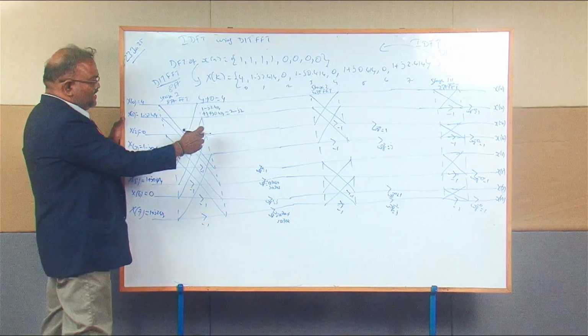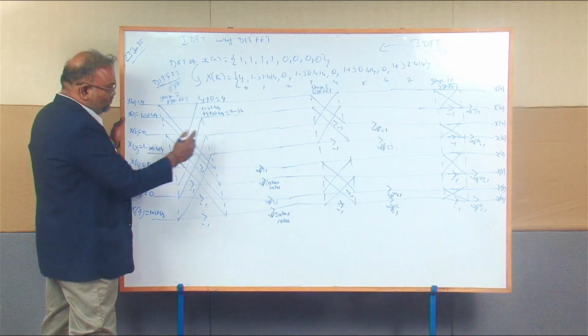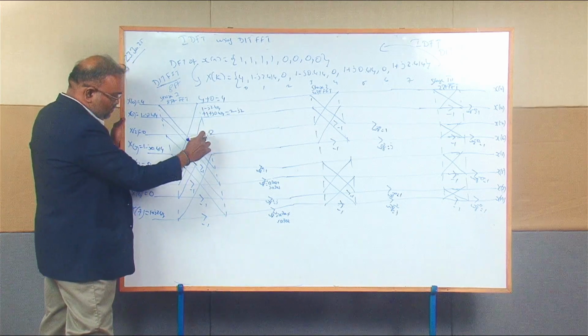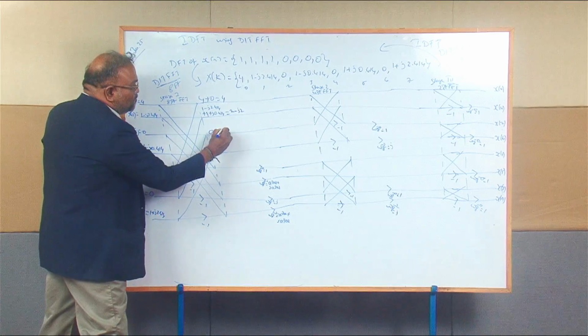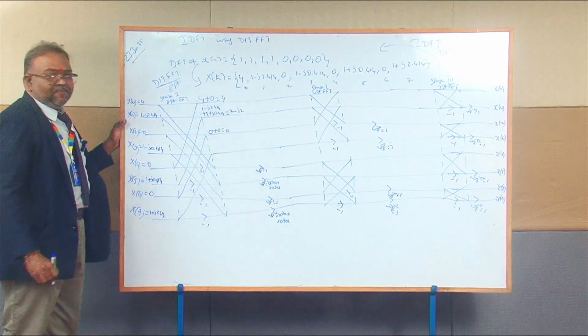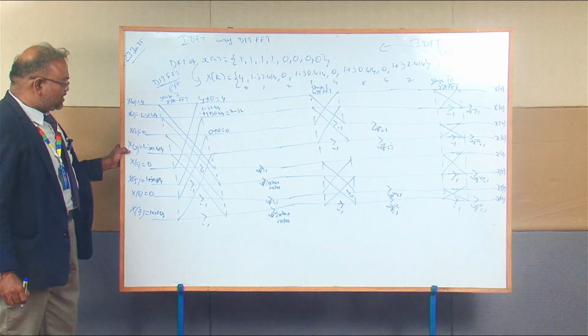Next signal, if you come here, this signal x of 2 is 0. So, the first signal is 0, and when you backtrack, the next signal is also 0. So, 0 plus 0 is 0. Next we come to the third signal.